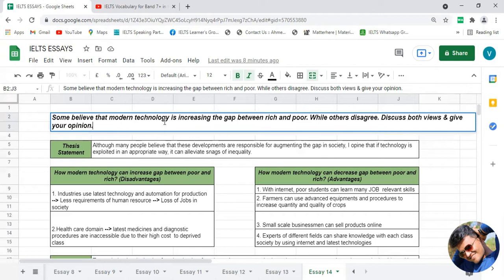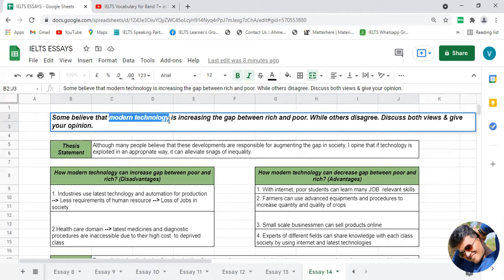As you can see, friends, the keyword, the central idea of this statement, is the use of modern technology. Modern technology means the latest equipment used in industries, the internet, online platforms, latest healthcare diagnosis procedures.